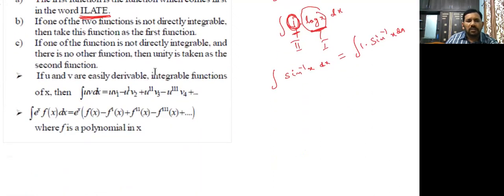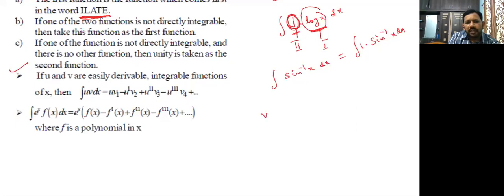Now, see this point: if u and v are easily differentiable, integrable functions of x, then integration uv dx is u into v1, plus or minus u dash v2, plus u double dash v3.